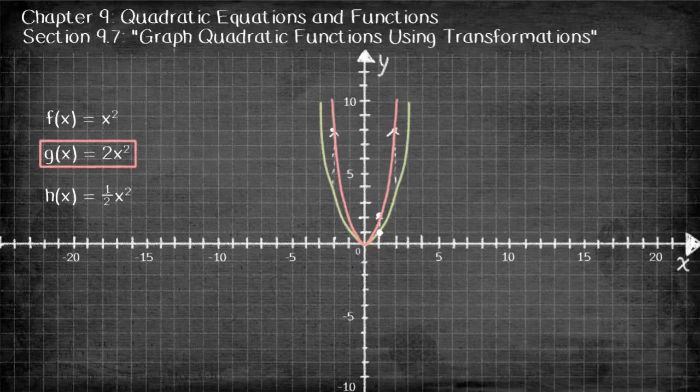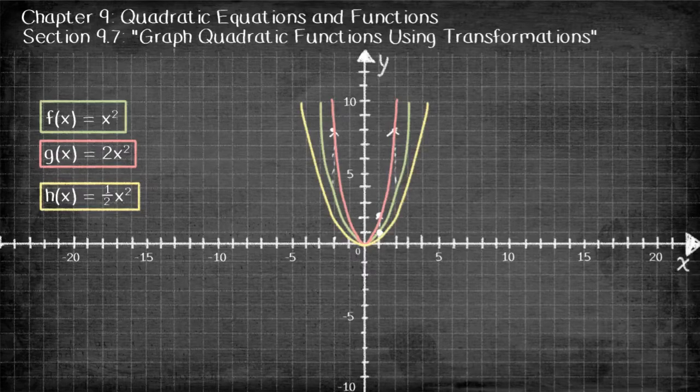We can do the same thing but with a half, except now instead of the points moving upwards, they're going to be moving downwards by half of whatever their value is. So, I know 4 squared is 16, but on h of x, if I halve that y value, I would get 8. So that has the opposite effect of multiplying by 2. That is, it widens the graph of f of x by a factor of 2.